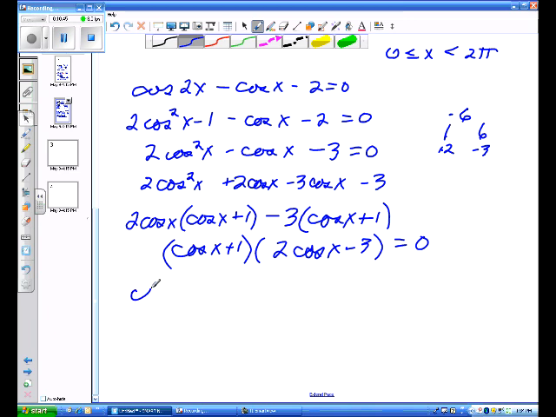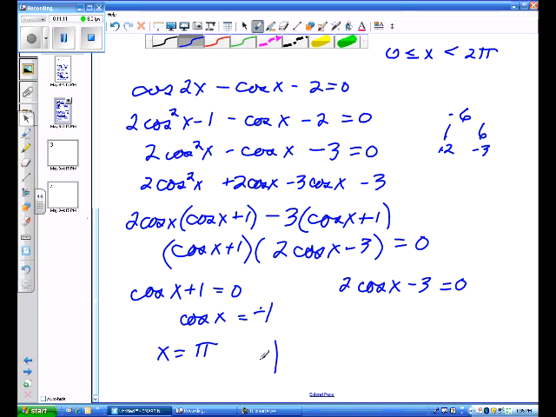Setting each factor equal to 0, cosine x plus 1 equals 0, and 2 cosine x minus 3 equals 0. So cosine x equals -1, and that would be 180 or pi. We know that the cosine of 0 is +1, so when we go to the negative side of our x-axis, it's -1.